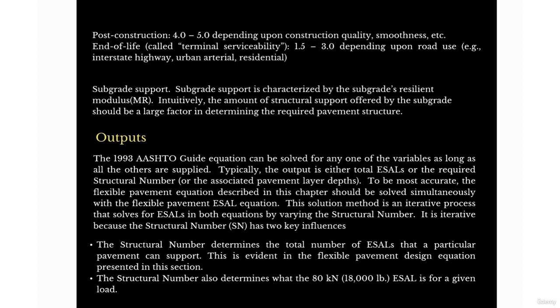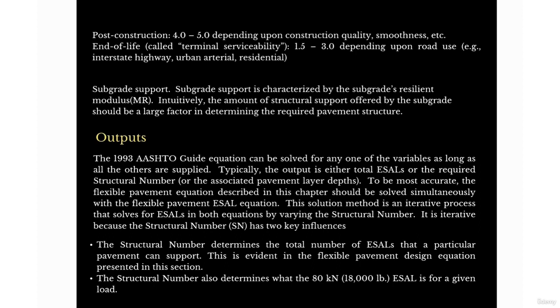To be most accurate, the flexible pavement equation described in this chapter should be solved simultaneously with the flexible pavement ESAL equation. This solution method is an iterative process that solves for the ESAL in both equations by varying the structural number, of course.